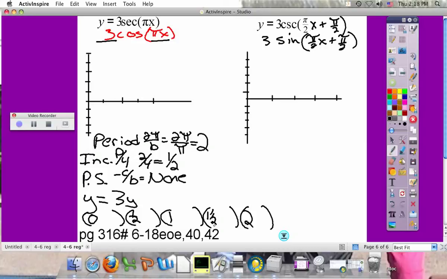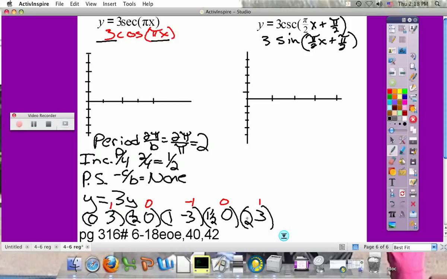Now our y values, we have to multiply all of our y values by 3, and we're doing the cosine y values. Now remember what your cosine y values were? The first one was 1, 0, -1, 0, and 1 again. So when we take each one of those and multiply them by 3, we're going to get 3, 0, -3, 0, and 3. And we're ready to graph.